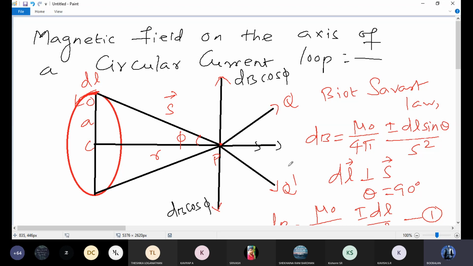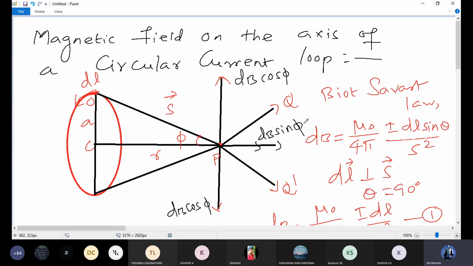Along the axis, the value is dB sin phi.